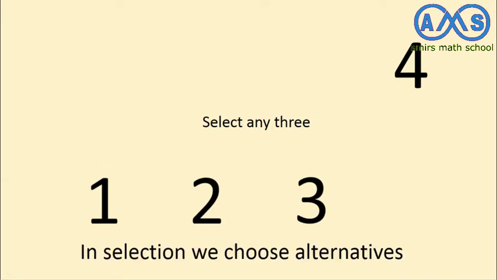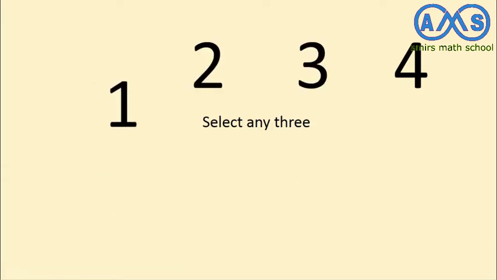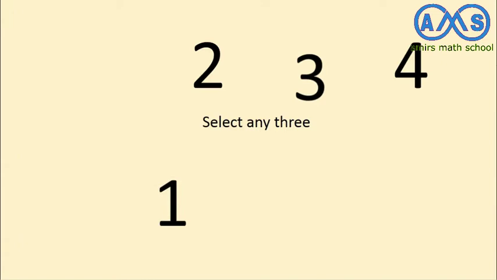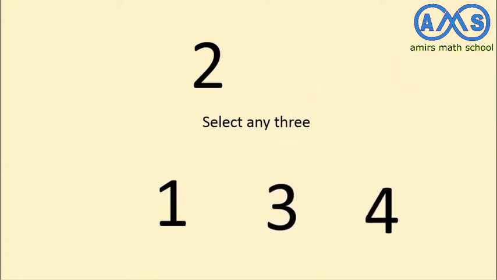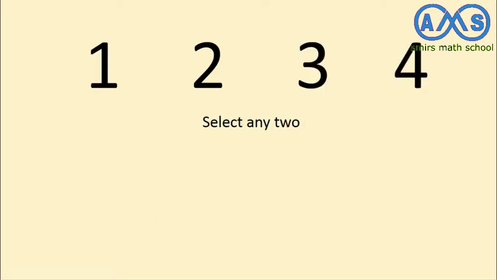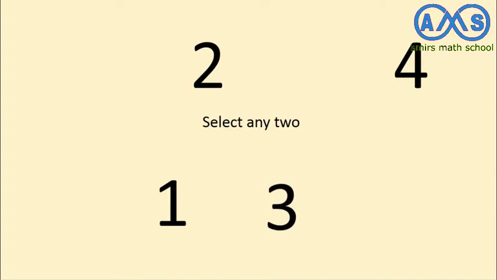In selection, we choose the alternatives, or we can choose 1, 3, 4. In this way, we can select any 3 digits from these 4 digits. If we want to select 2 digits, in that case we have to choose any 2 digits from these 4 digits.